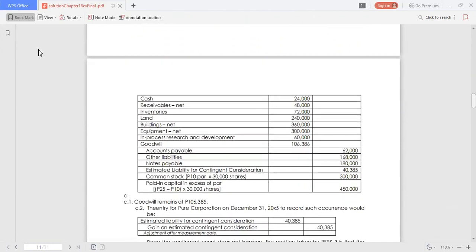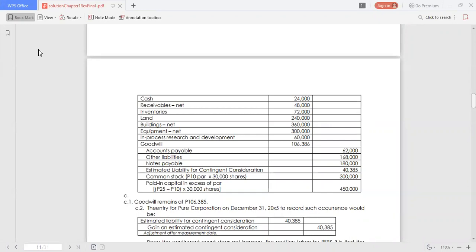We now record debit to cash, debit to receivables in the amount of 48,000, inventories 72,000, land 240,000, buildings 360,000, equipment 300,000, and then R&D for 60,000, and goodwill as computed in letter A. So we now credit accounts payable 72,000, other liabilities 168,000, notes payable 180,000, estimated liability 40,385.